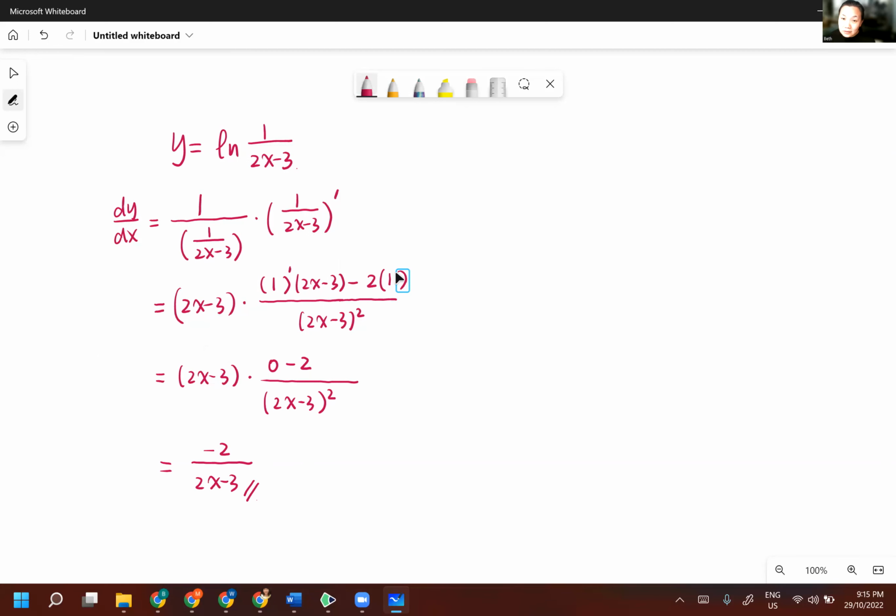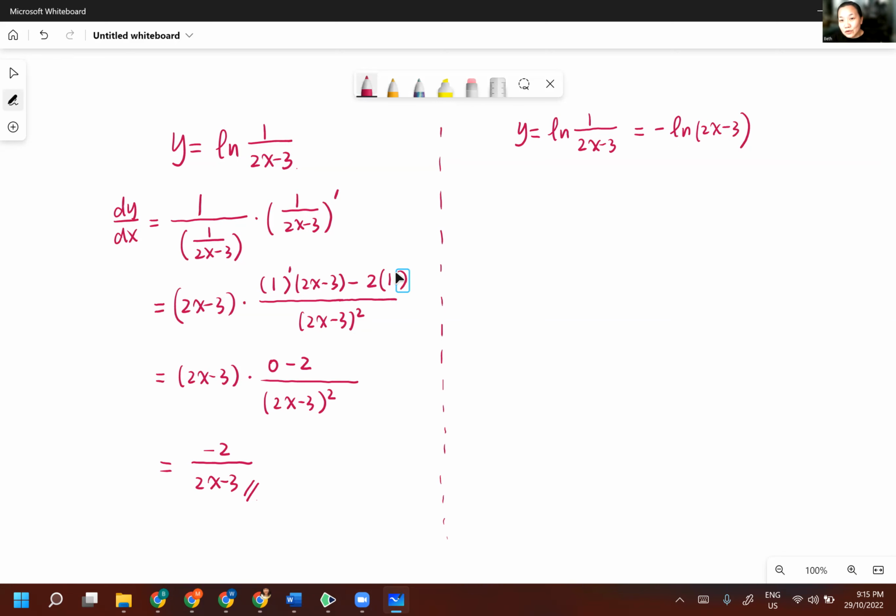However, I don't know if all of you have noticed, you can still make very good use of the log property. And this question is a great way to do so. Please write this down. y equals log 1 over 2x minus 3. That is negative log 2x minus 3.